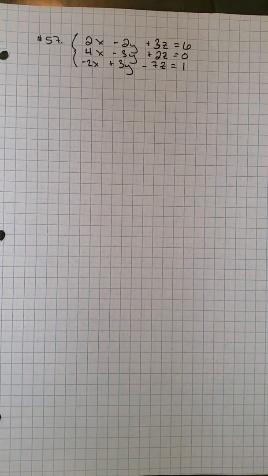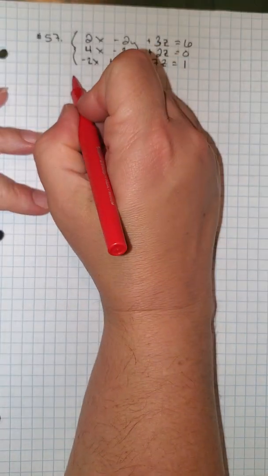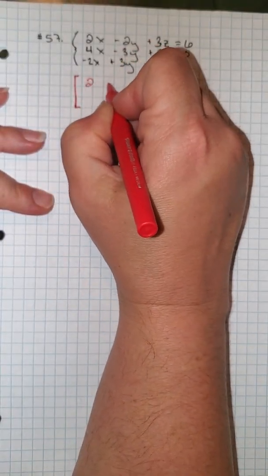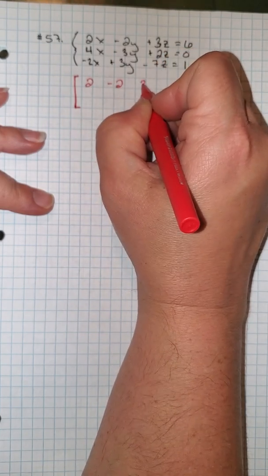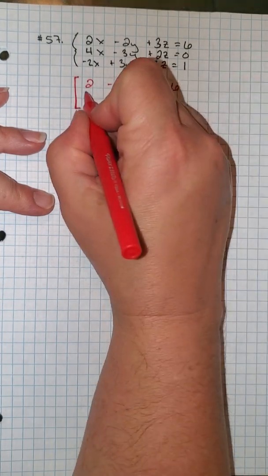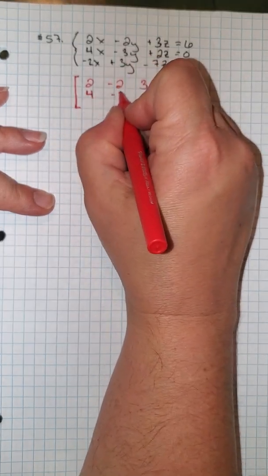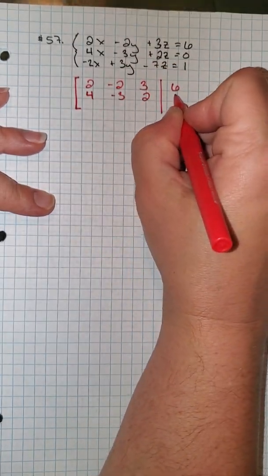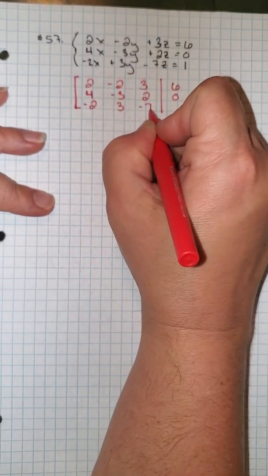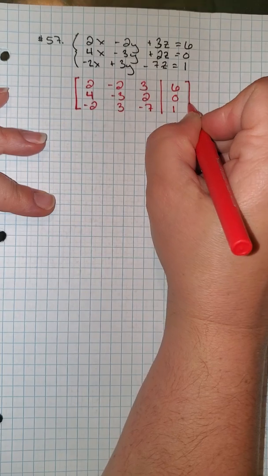So as a matrix, this one goes 2, -2, 3. Then you have the 6. You have 4, -3, 2, and 0, -2, 3, -7, and 1.